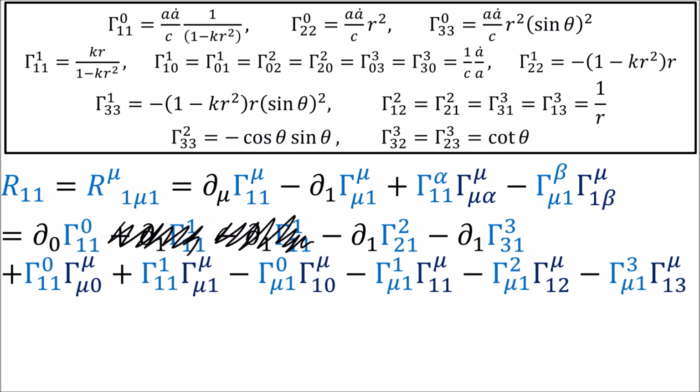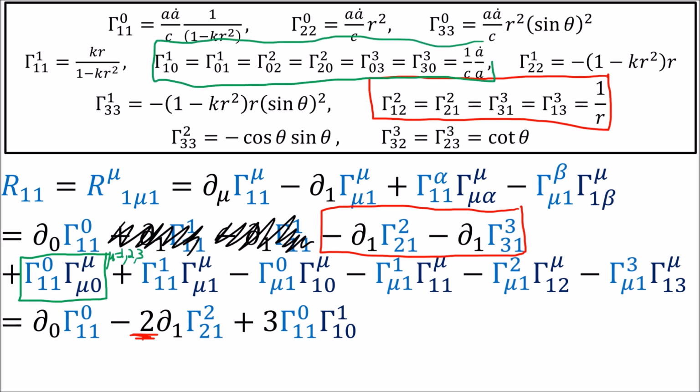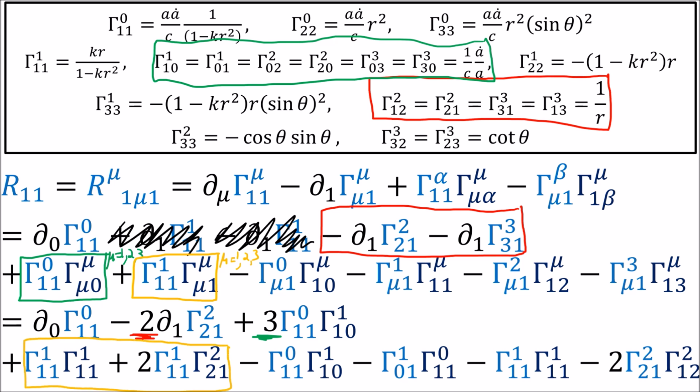These cancel, and these terms are equivalent, so I'll combine them and put a 2 in front. This summation has mu equals 1, 2, 3, but all those terms are equal, so I'll just write a single term with a 3 in front. This term goes over mu equals 1, 2, 3, but the 2 and 3 terms are equivalent, so I'll combine them together with a 2 in front.